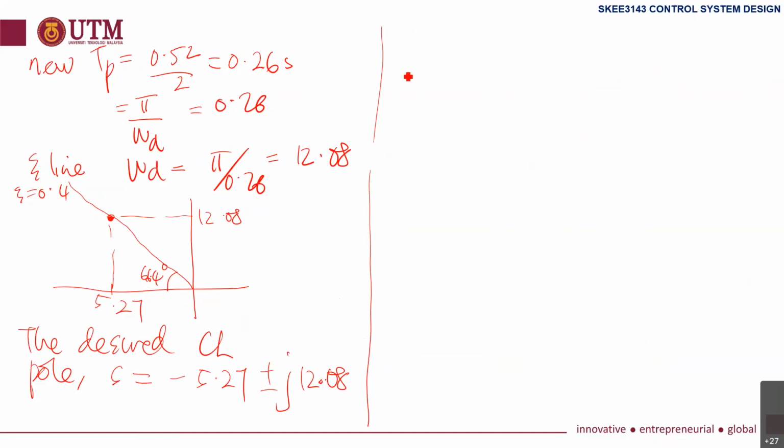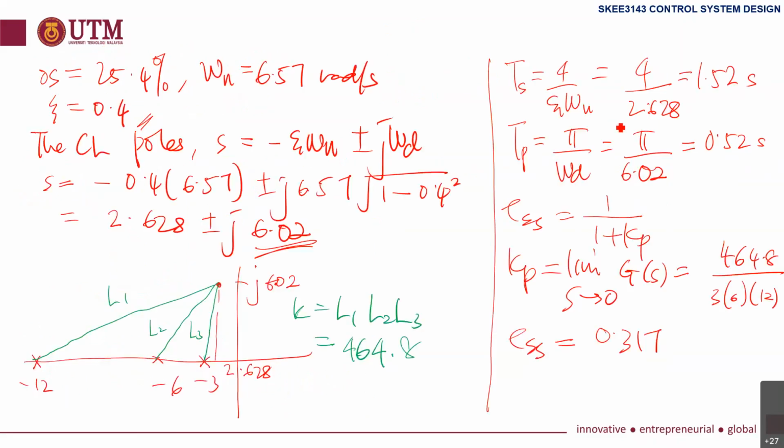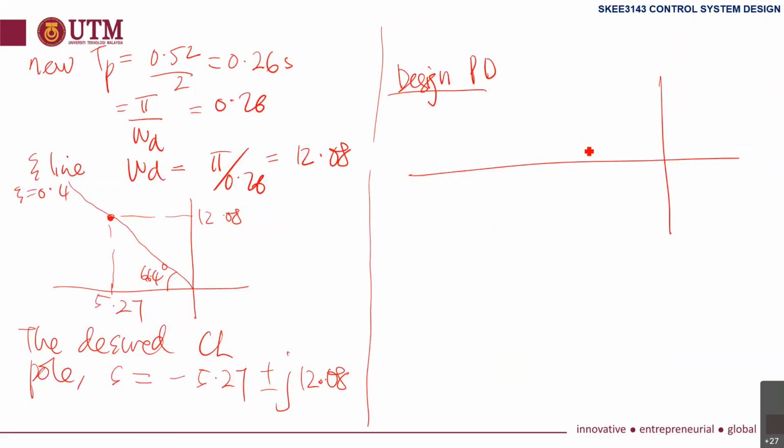Okay, you can proceed by designing the PD as usual. We have poles at 3, 6, 12, and a 0 at 1, 0 that we add for Z, and this is the point minus 5.27, j 12.08.